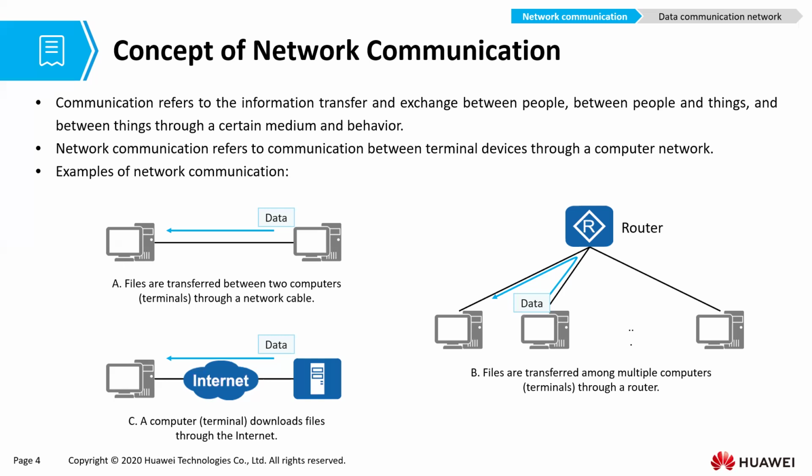Communication is exchange of information; network communication is exchange of that information using a network. A network is a couple of elements interconnected with media. It can be wired, it can be wireless. So, in summary, network communication is a form of communication, and it is what we deal with in HCIA.